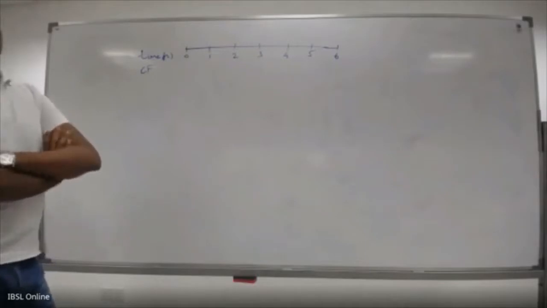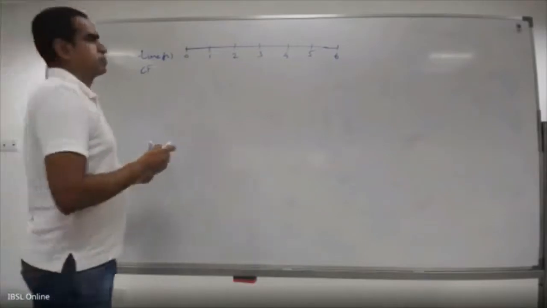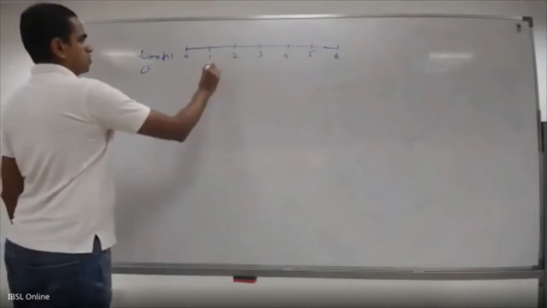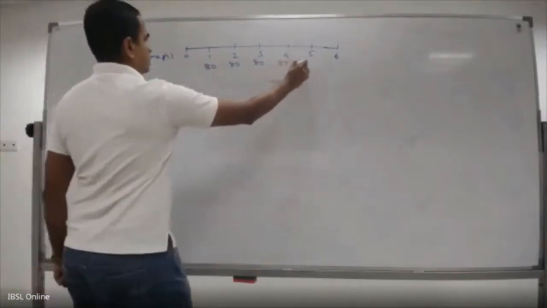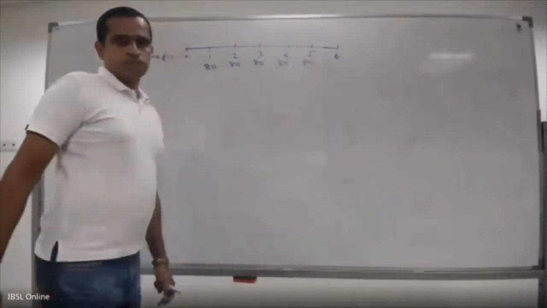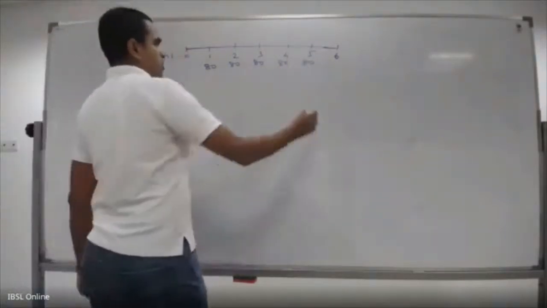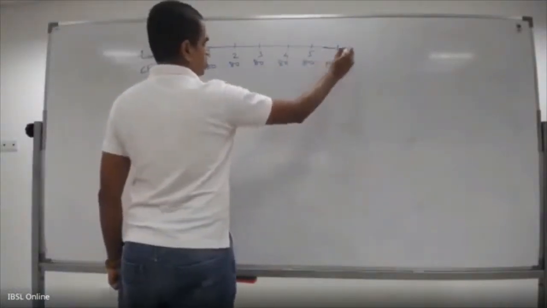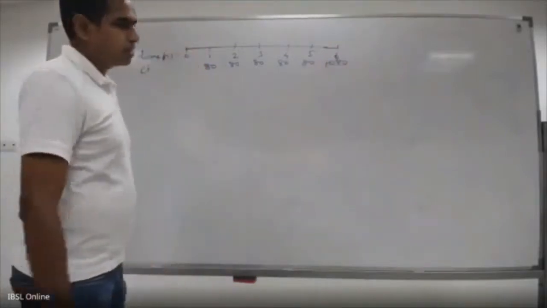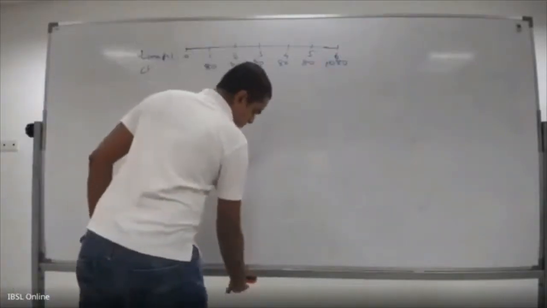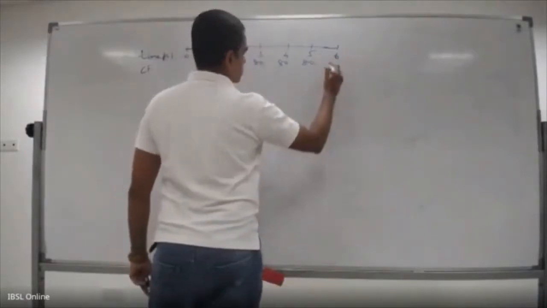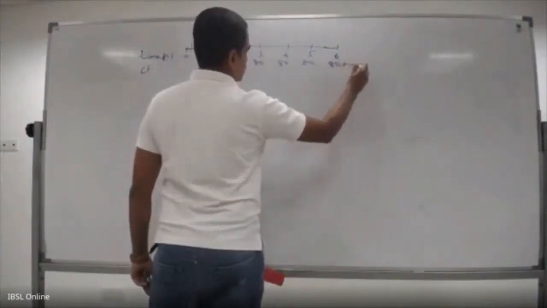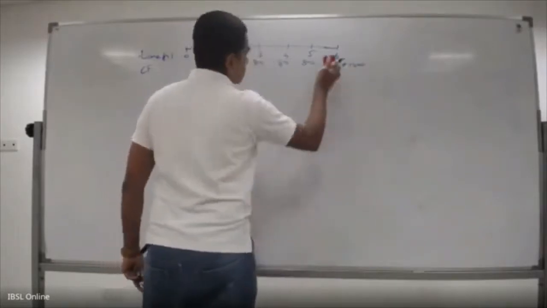Annual coupon payments of 80. Par value 1,000, so at maturity you get 1,080. 80 plus 1,000 is 1,080.